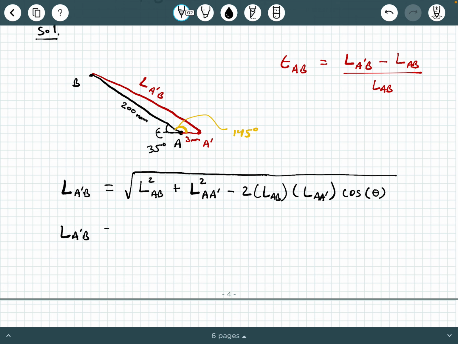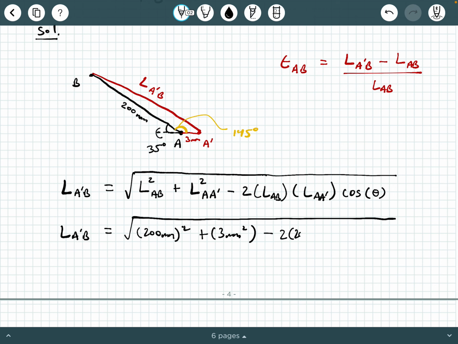L A prime B equals the square root, make a long square root here, of 200 millimeters squared plus 3 millimeters squared minus 2 times 200 millimeters times 3 millimeters times the cosine of 145 degrees, okay?